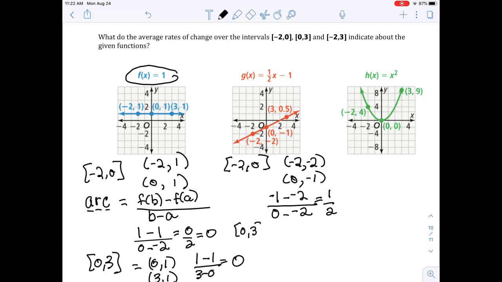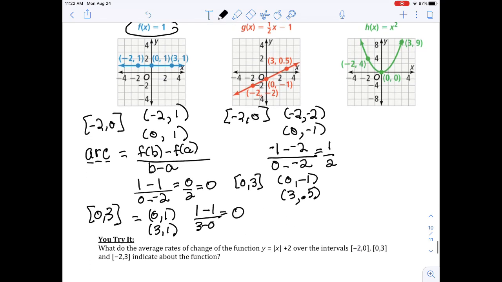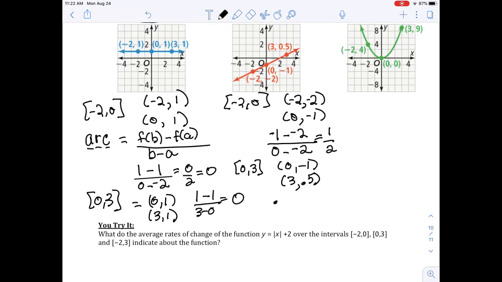All right, now I'm going to do my average rate of change over the interval 0, 3. And again, I hope you're starting to see the connection that 0, 3, those represent the x values. We go and grab the y values from the graph. So that's going to be 0, -1, and 3, 0.5. And now we're going to do slope.